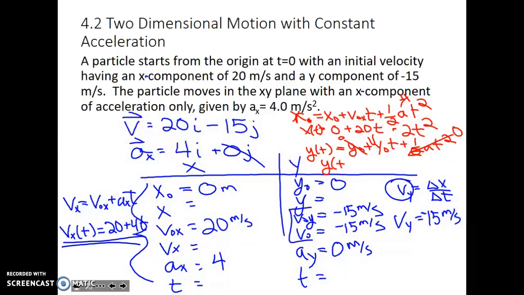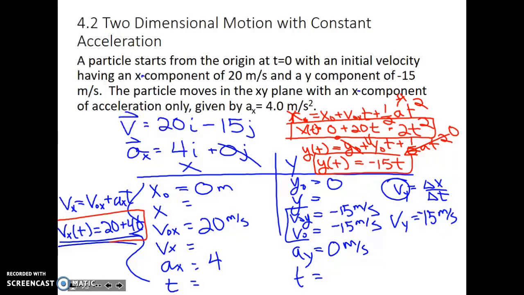Y in terms of time equals negative 15t. So I've got my position in terms of time. And the interesting thing is, if you were to look at the velocity in terms of time, and you were to integrate each one of those equations, you could work backward to the function for position versus time.